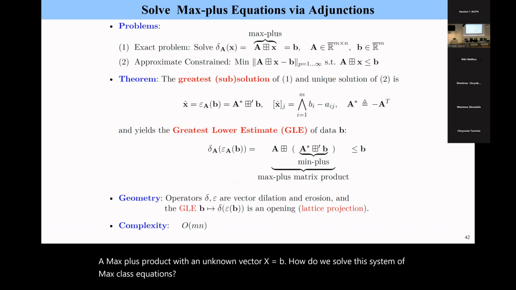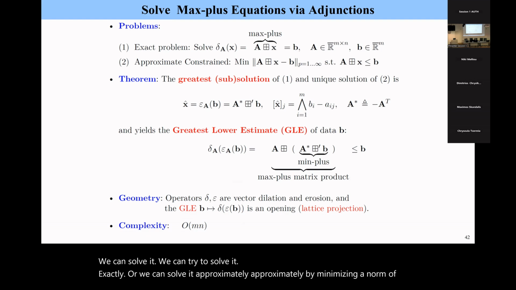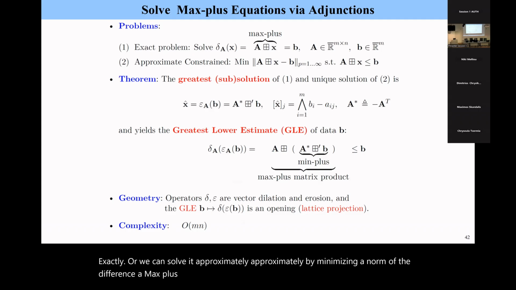We can try to solve it exactly, or we can solve it approximately by minimizing a norm of the difference A max plus X minus B.